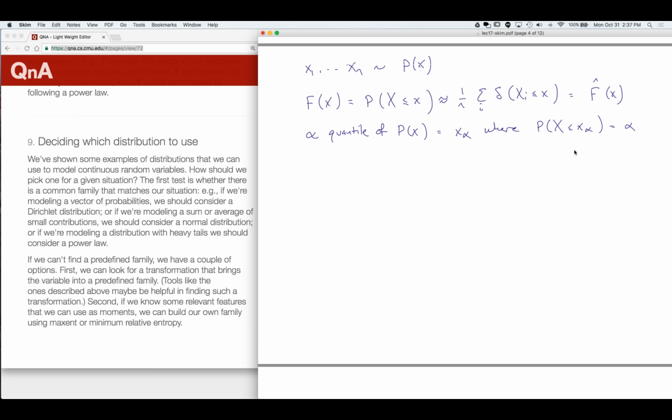Because if you take f of x, that's going to be the quantile at which x lies. Said another way, that's equal to the fraction of future samples that we expect to be smaller than x.